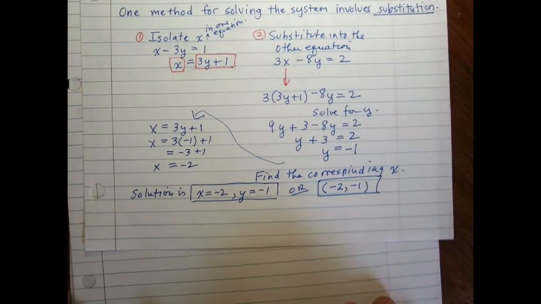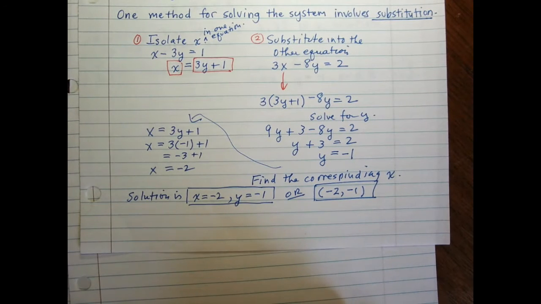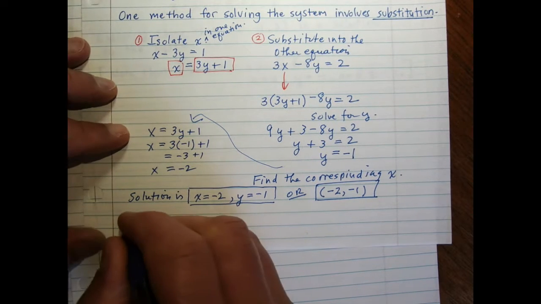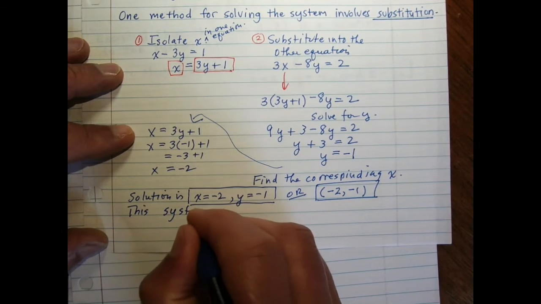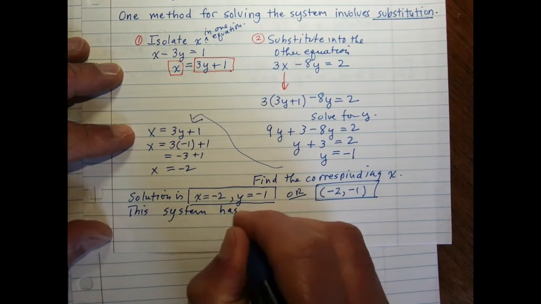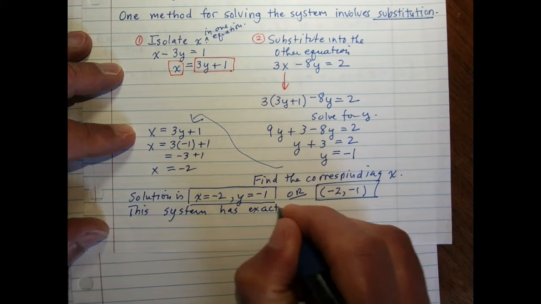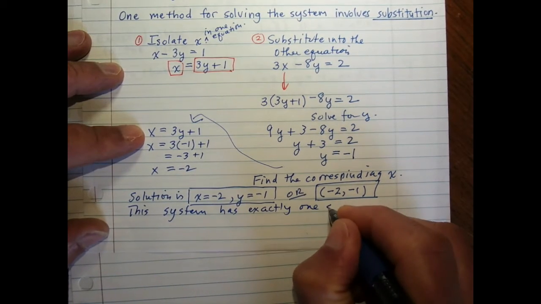That represents the coordinates, the point where the 2 lines cross. Now, in this problem, we found that this system has exactly one solution.